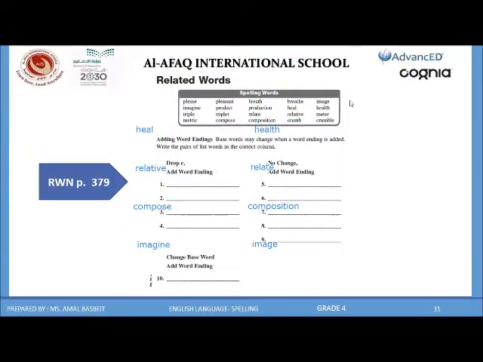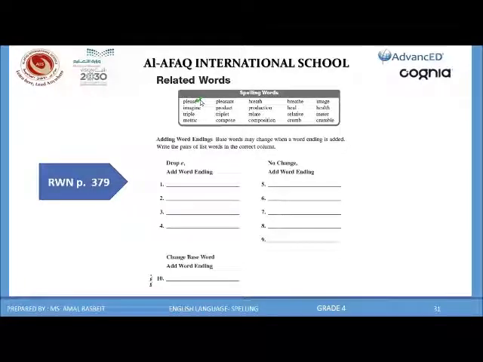Have to erase again here. Okay, now here I have to look at the words. Drop E and add a word ending, like the word please and pleasant.